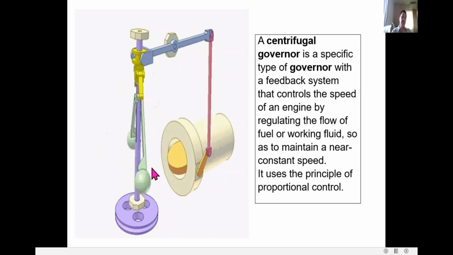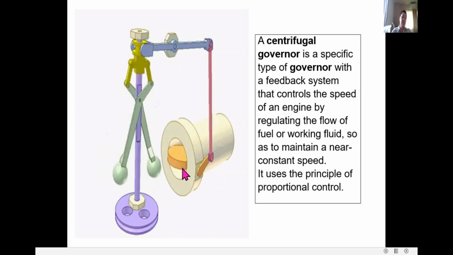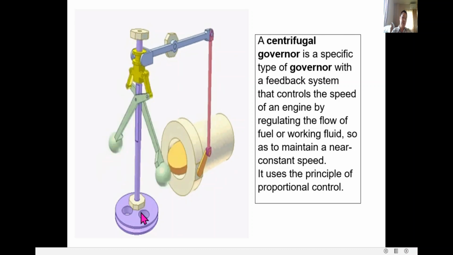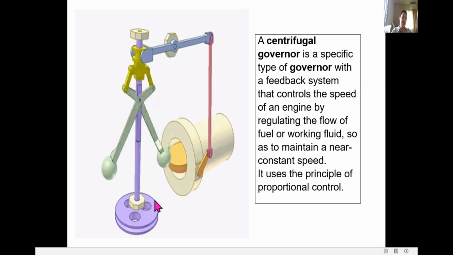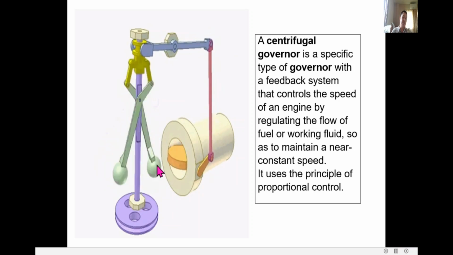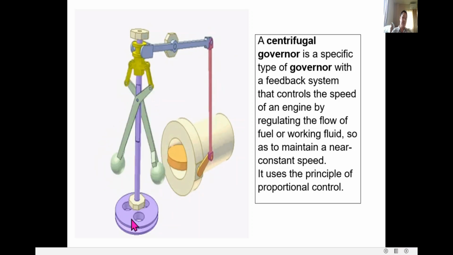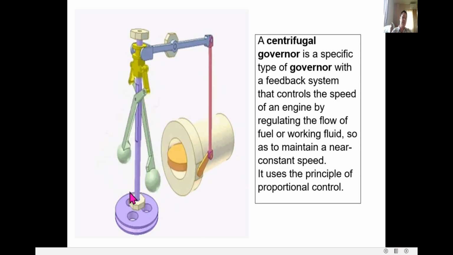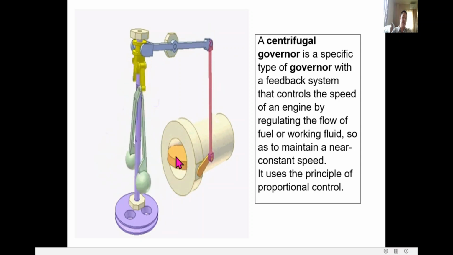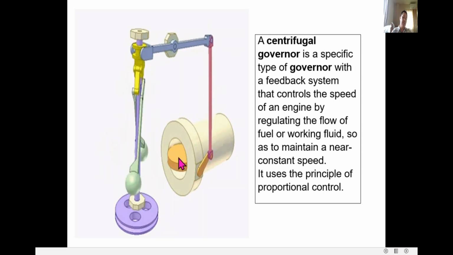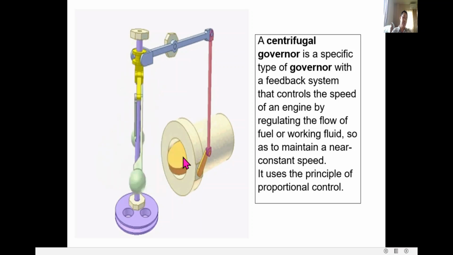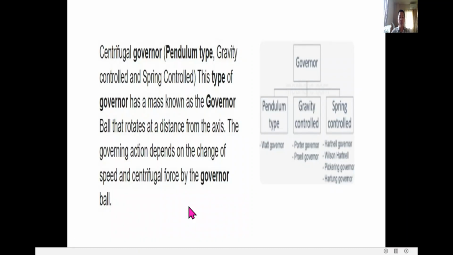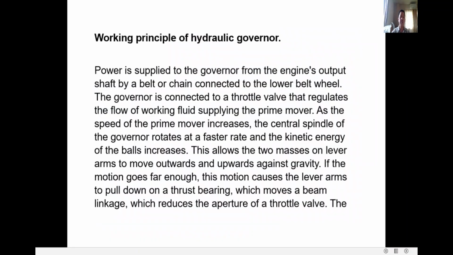If the engine is turning slow, there is a need for more fuel to rotate fast, to speed up. But if this is already at high RPM, it will reduce the fuel. That's why, as you can see here, it will almost close the fuel. Now we will continue.